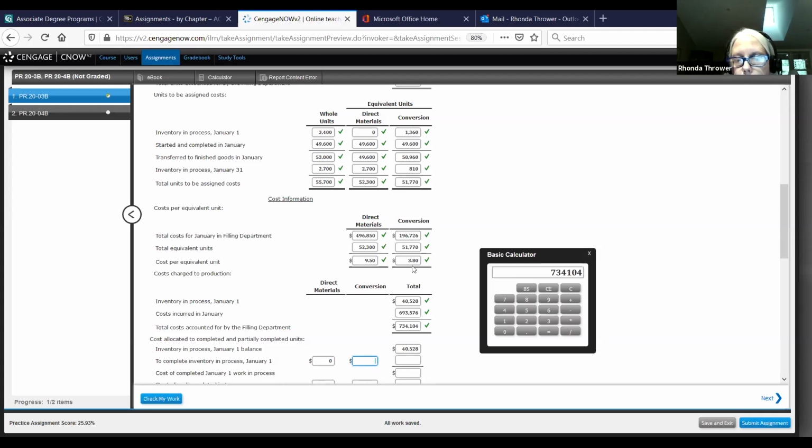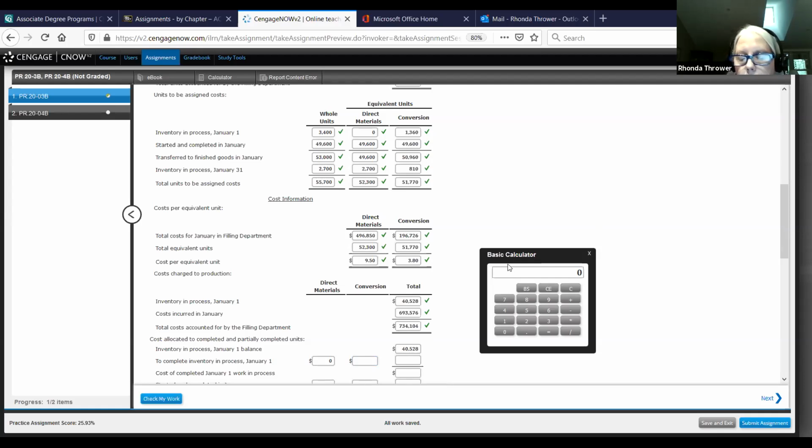Our cost per equivalent unit for conversion is $3.80. I'm going to multiply that by 1,360 units, and that will give me the cost that I need to finish my beginning inventory.